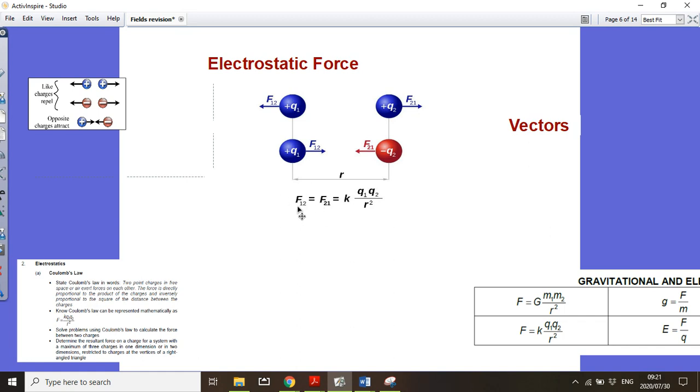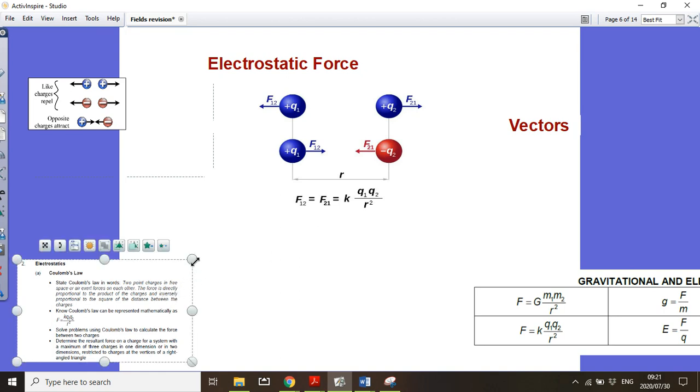They are the same. You can actually use the same thing here. But when you look at the vector questions, yes, there are going to be vector questions, it makes sense to put it like this, because then you can see between which two objects the attraction or the repulsion force is.